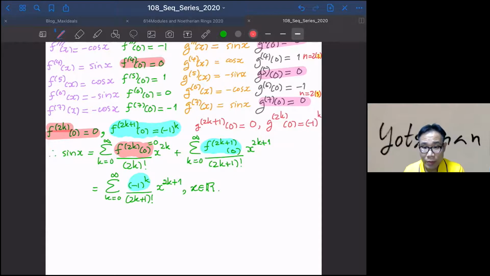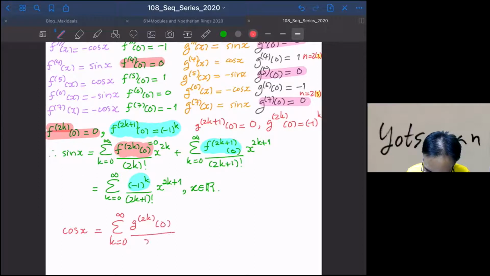Okay, so it's kind of the same idea. So for cosine x, this will be the sum k equal to 0 to infinity of g of 2k at 0 over 2k factorial, x to the 2k, which takes care of the even terms.